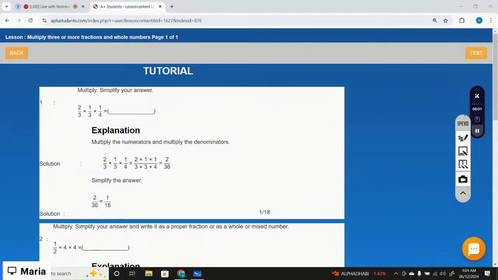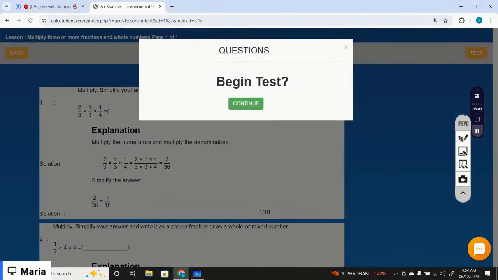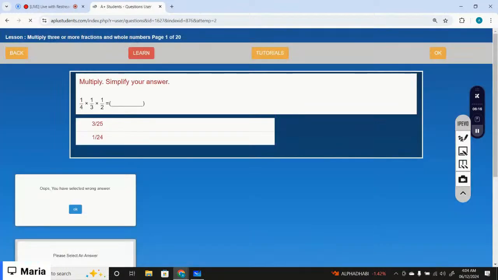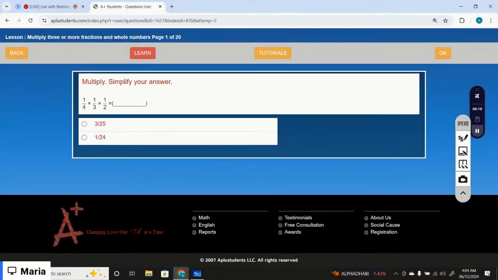Let's just start with the test questions. 1 by 4 times 1 by 3 times 1 by 2. So let's just multiply all the numerators divided by all the denominators.